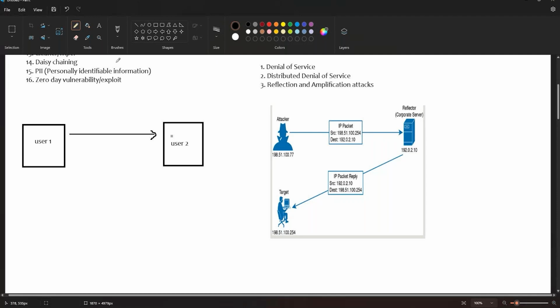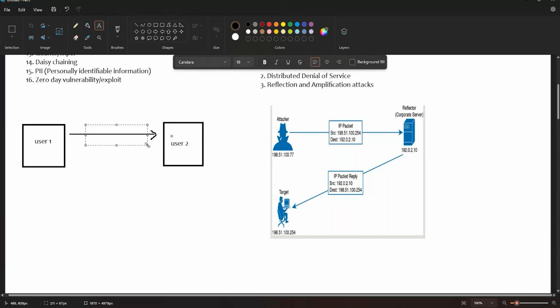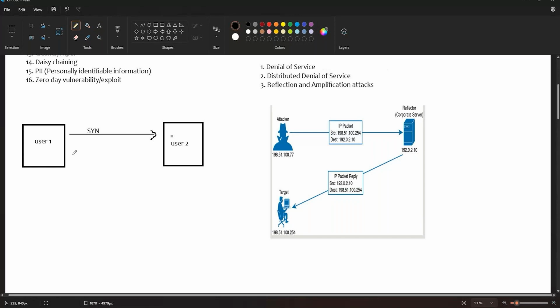So there are flags in TCP, right? User one sends a SYN flag. SYN means synchronization, so user one wants to synchronize with user two. He wants to know who he is. Then user two replies back.